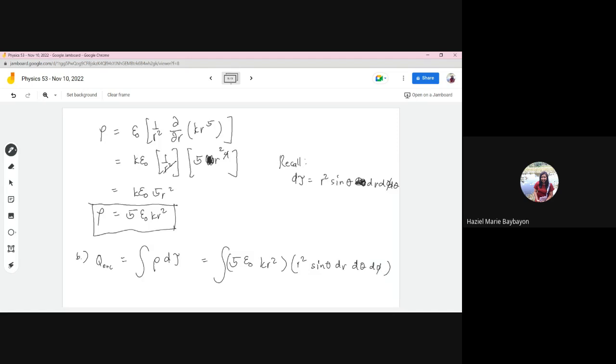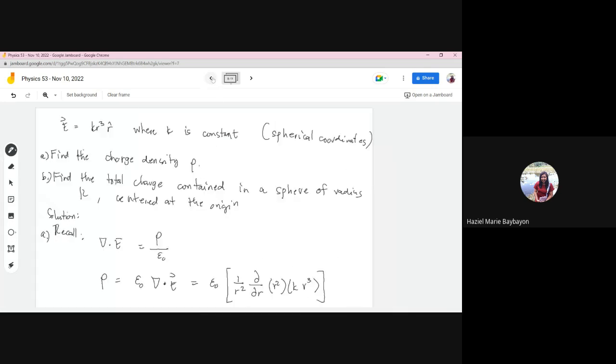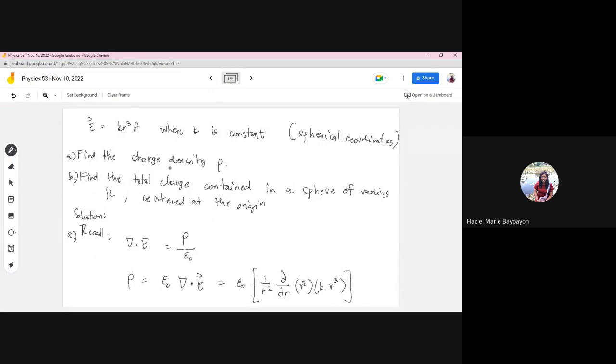Okay, so how do we integrate this one? This is a triple integration. We take out the constants first: 5 epsilon naught k. And then you have r squared times r squared, so r to the fourth dr from 0 to big R. Find the total charge contained in a sphere of radius R centered at the origin.